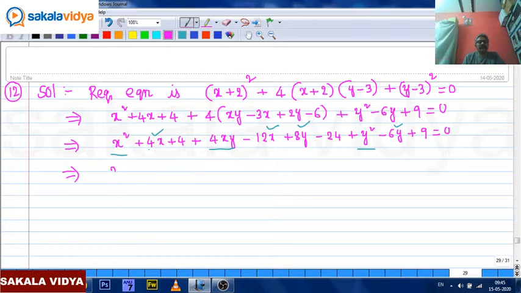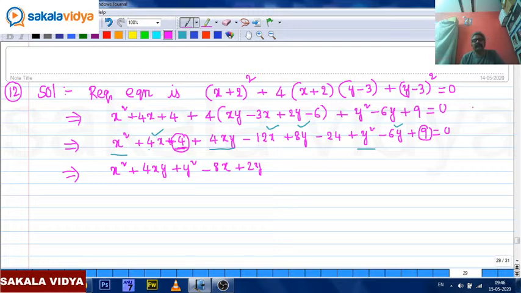So let us write now x square plus 4xy plus y square. See, minus 12x plus 4x is minus 8x. Minus 6y plus 8y is plus 2y. Next, 4 plus 9 is 13.